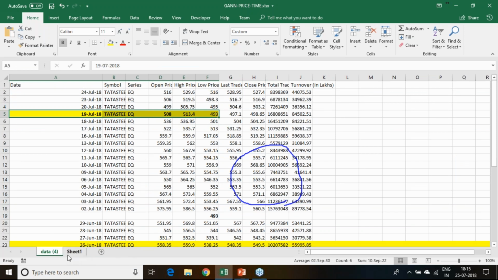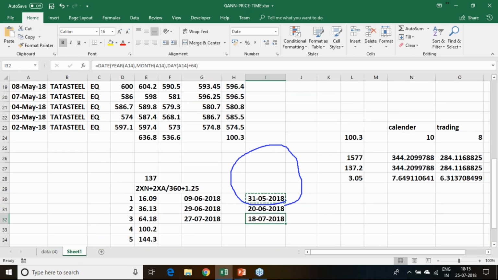So the point which I wish to make is, you have projected 6 different days when your stock will make a major top or a bottom from the May month data. 9th June, you are approximately correct. Just one day earlier you have achieved this. This also you achieved 3 to 4 days before.